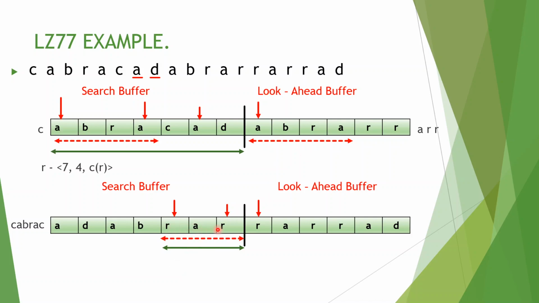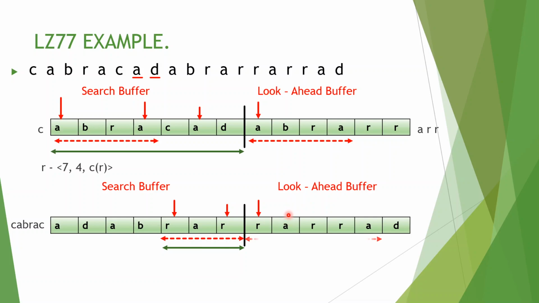R A R symbols match with this R A R, but after that R A R, the next symbol is R, which is also matched in the look ahead buffer, and after that symbol A is there, which is also matched in the look ahead buffer.